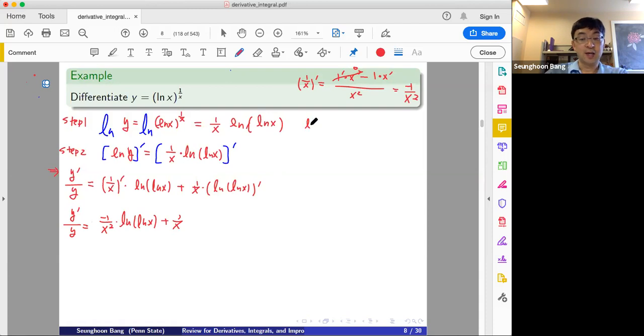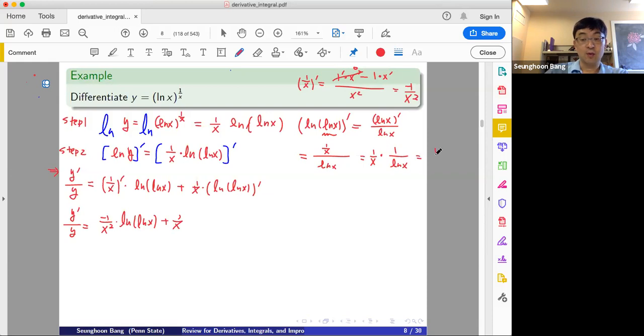What is ln of x prime? You can use the chain rule again. This ln of x is like the inner function, so ln of x prime over ln of x. The derivative of ln of x is 1 over x over ln of x. You have to simplify: the numerator 1 over x times the reciprocal of the denominator.